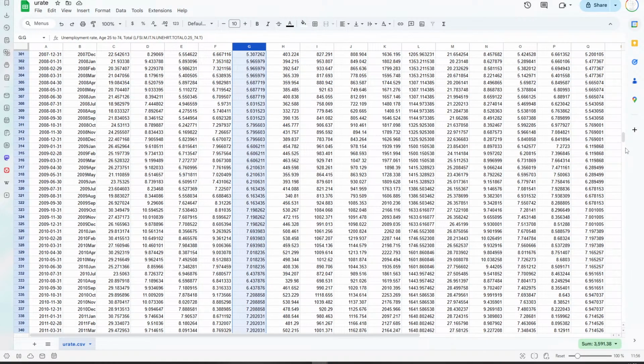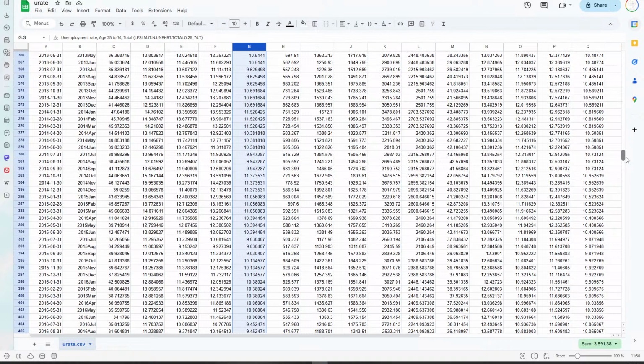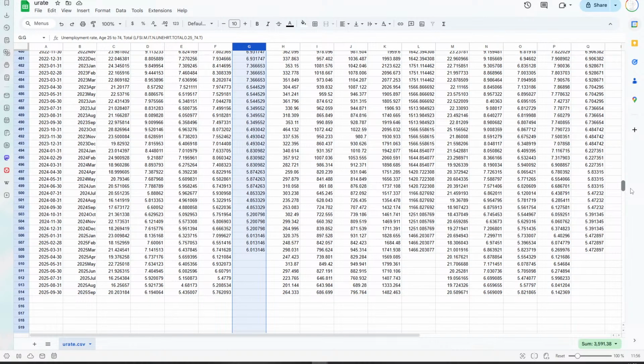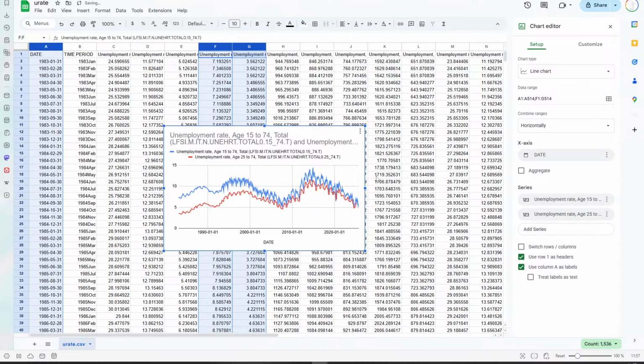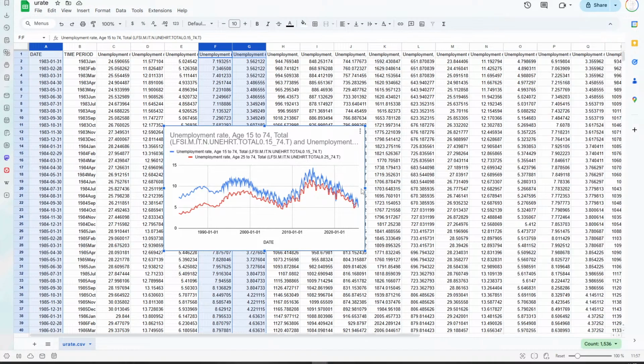So, yeah, 6%. So the business cycle in the early 1980s was better for employment than the late 90s or the 2000s.